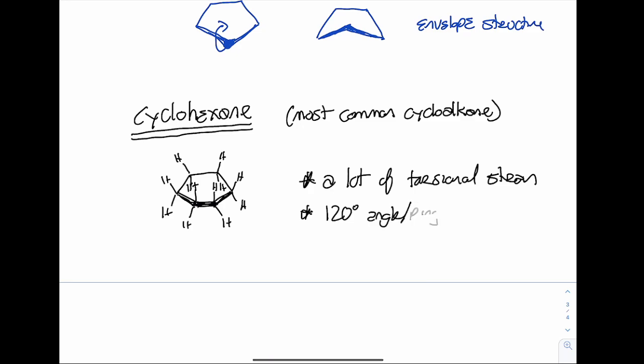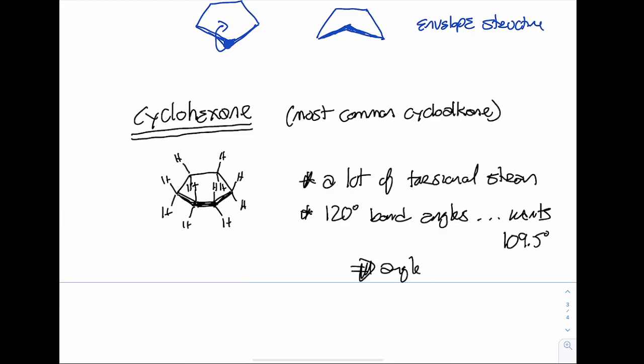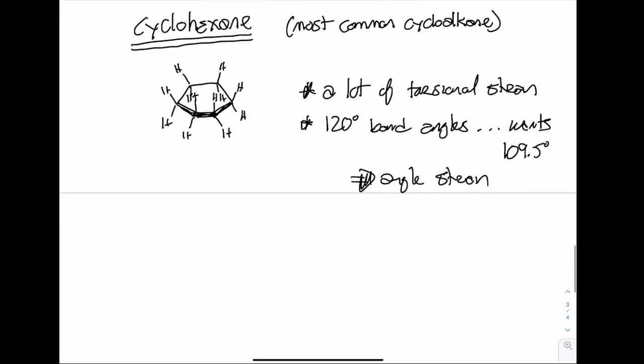Or those are bond angles, jumping ahead. Again, it's sp3 hybridized. It wants to be tetrahedral. So angle strain. So just like with cyclobutane and cyclopentane, this is going to adopt a non-planar geometry.